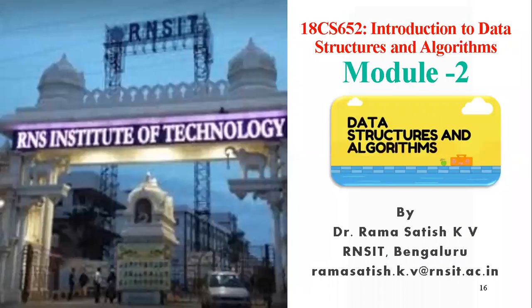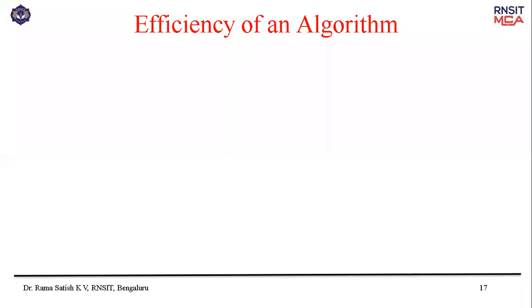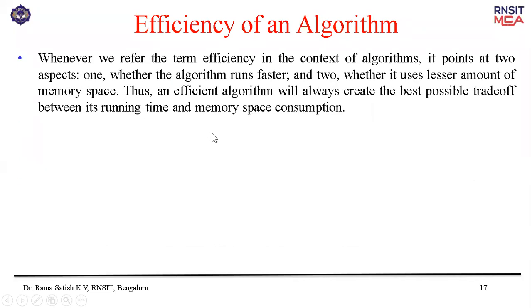And today, as in the syllabus, the second topic we are going to start. The second topic is nothing but finding the efficiency of an algorithm. So whenever we refer to the term efficiency in the context of algorithms, it always points to two aspects.